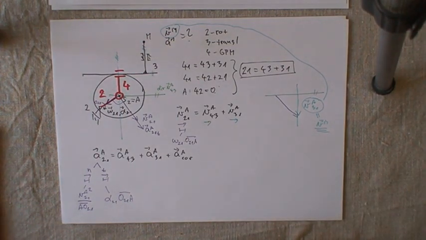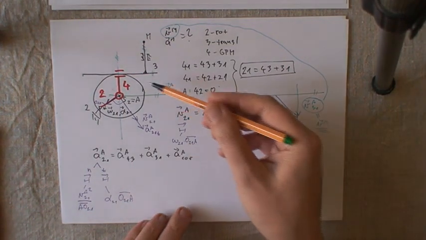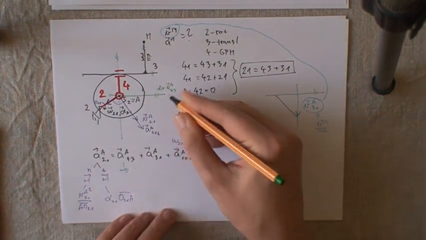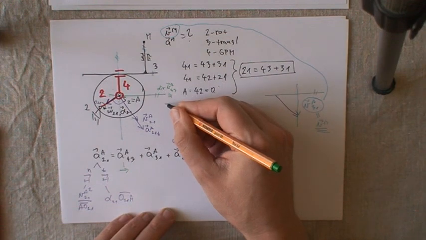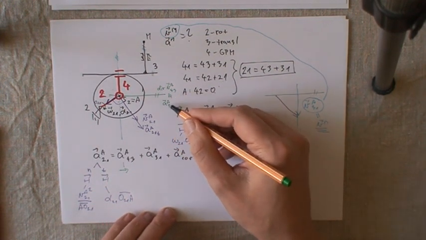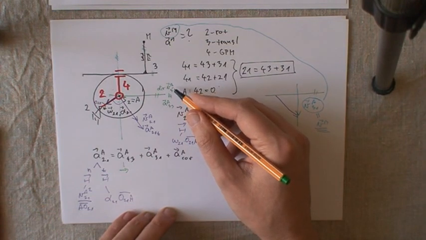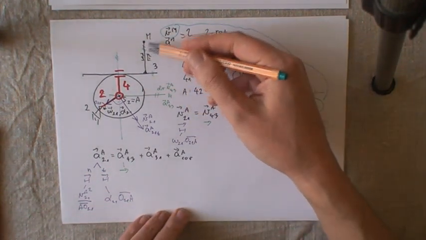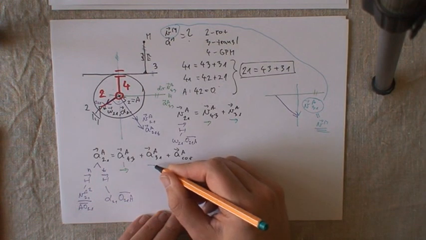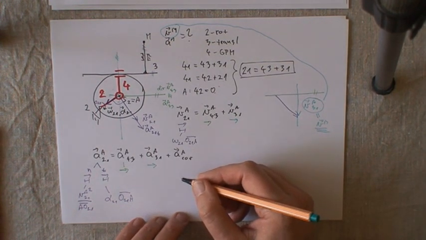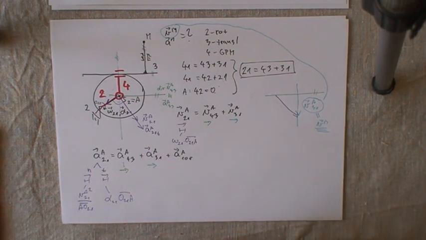Now for 3, it is translation, therefore it only has one component, and we know the direction, which is the same as the direction of AA43. AA43 is the same direction as VA43. 3,1 is translation, going up and down. So again, we know the direction and we don't know the magnitude, but it only has one component.